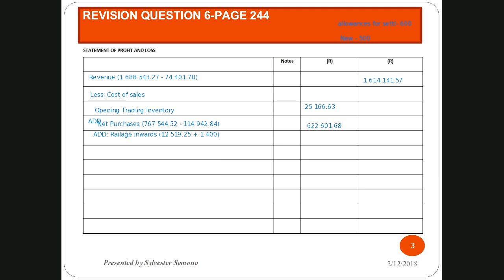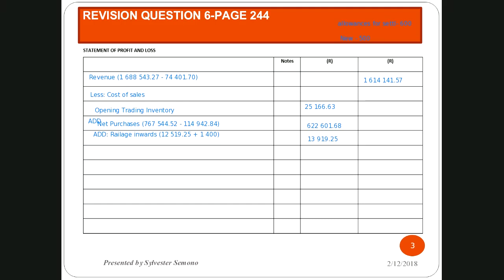Okay, and then now we need to go and less the closing inventory. The closing trading inventory, we normally find it after doing stock take. We normally find this from the adjustments themselves.